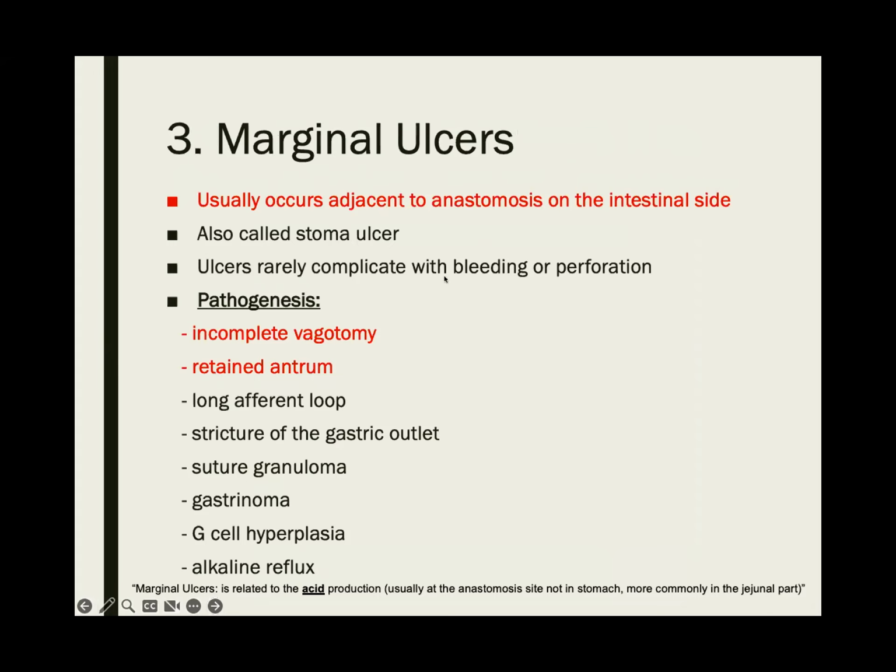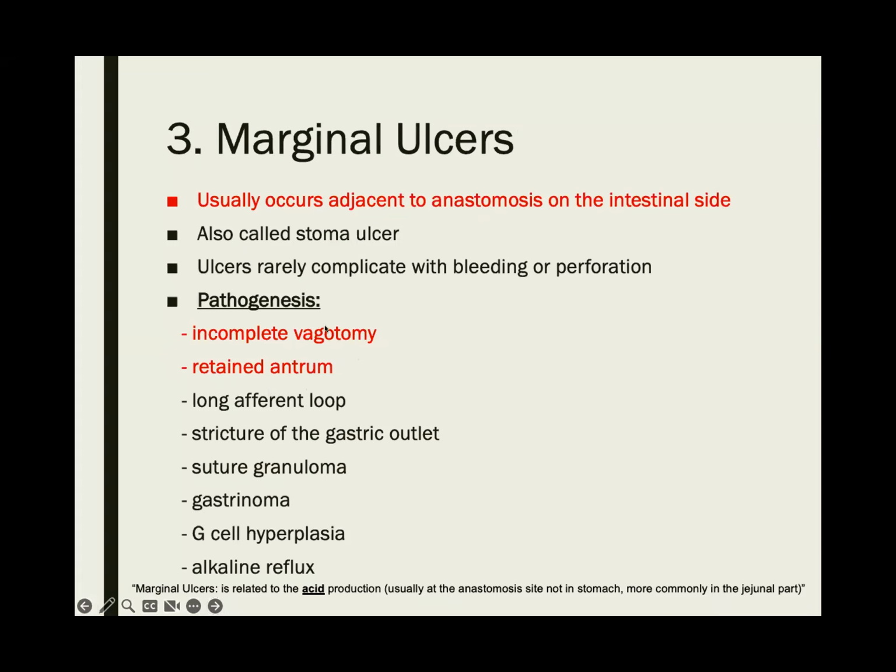So marginal ulcers can happen anywhere with the stomach connections. Okay, so this is related to surgical complications. Also it's called stomal ulcers, and it's related to incomplete vagotomy because there's still acid production innervation from the vagus nerve. And it's also related to retained antrum.